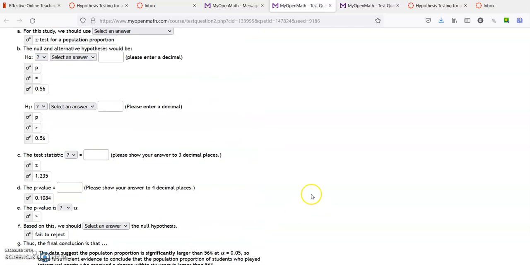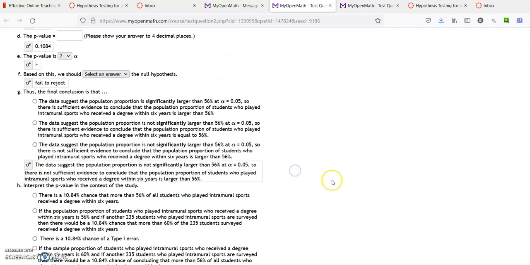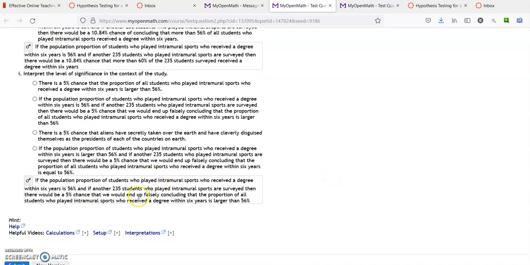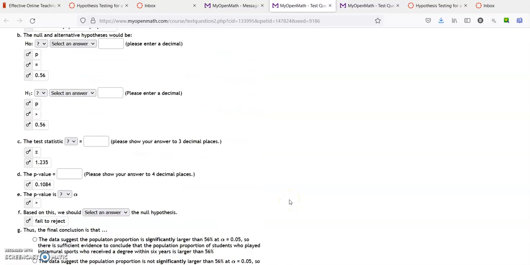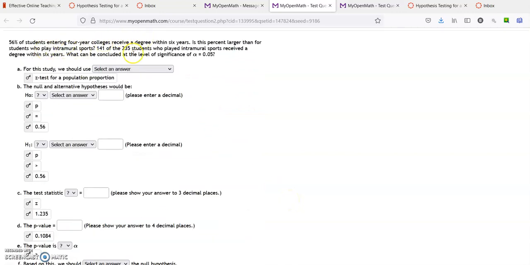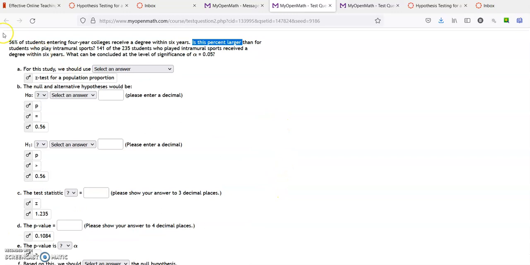Where did that 5% come from? The level of significance, 0.05 here. There would be a 5% chance that we would end up falsely concluding that the proportion is larger than 56%. Where did I get larger than? It's trying to see if it is larger. Right-tail test, and that's where that comes from. And again, the 56% comes from here, and the 5% comes from here.